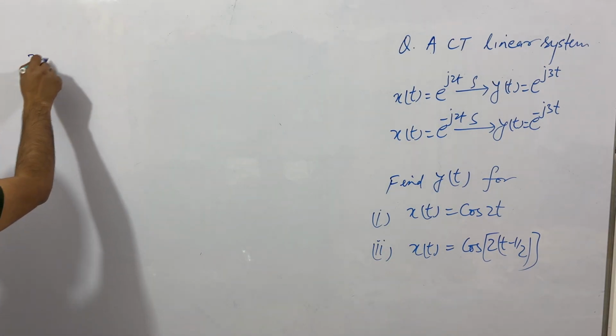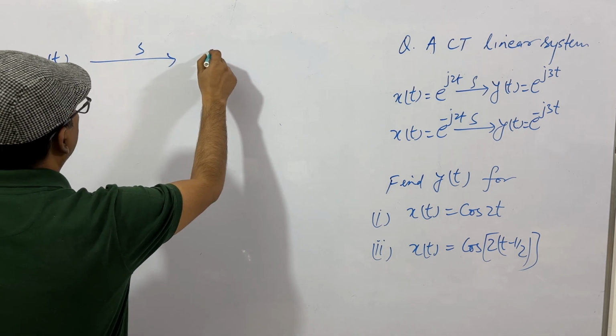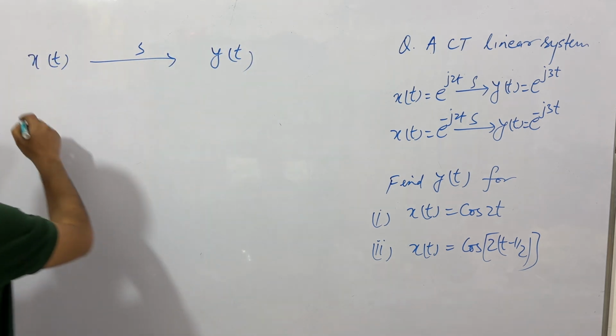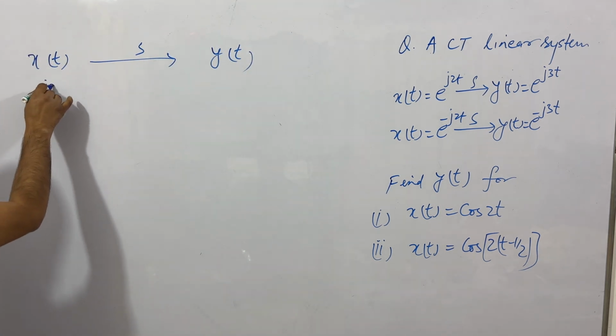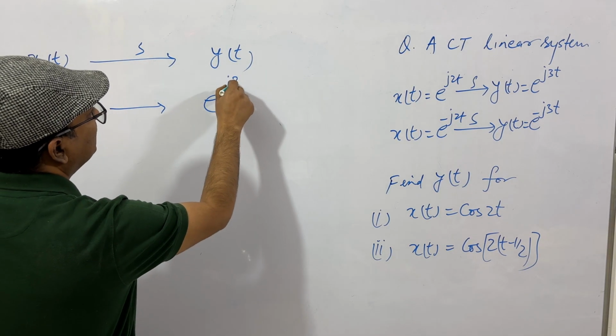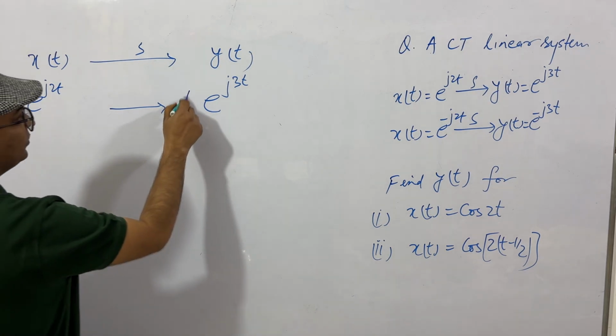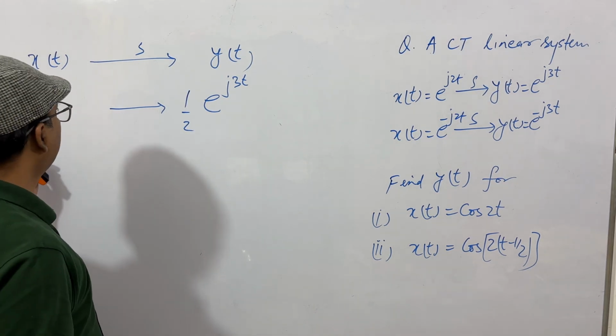So let's say this is your input, this is the system, this is your output y(t). When the input is e^(j2t), the output is e^(j3t), so if multiplied by a factor half, the output will be a into y(t) for a into x(t).